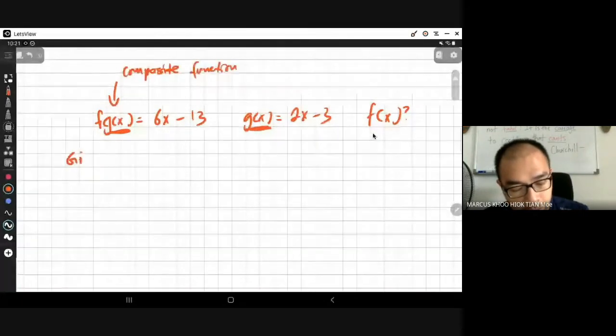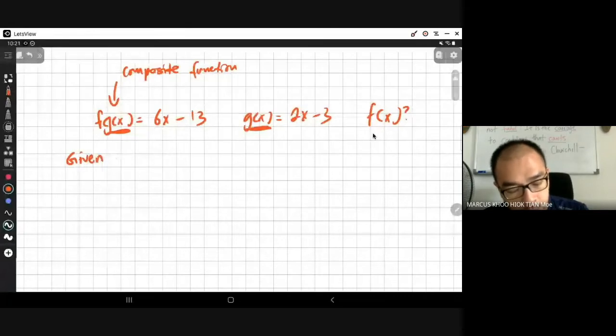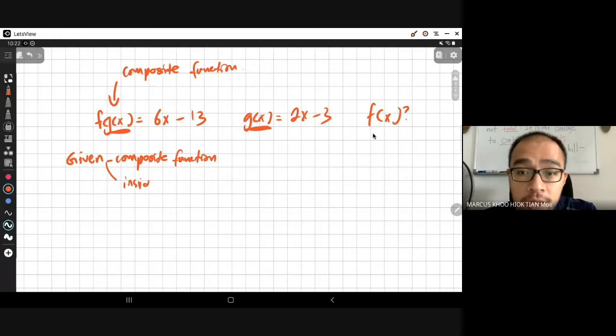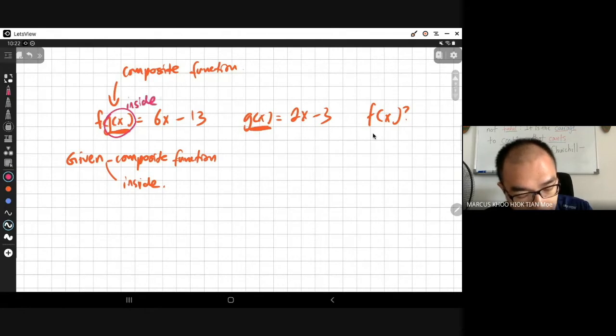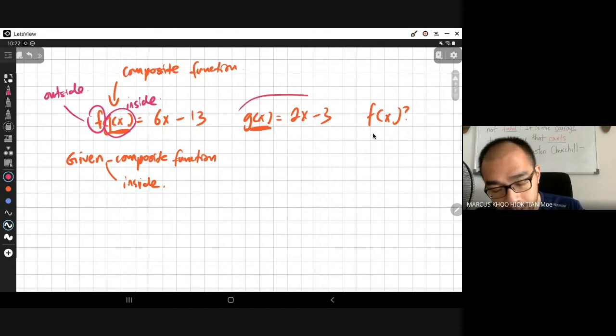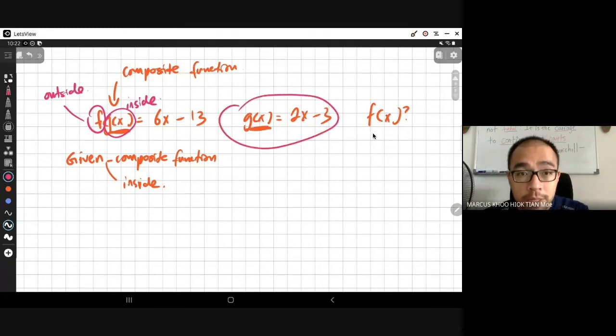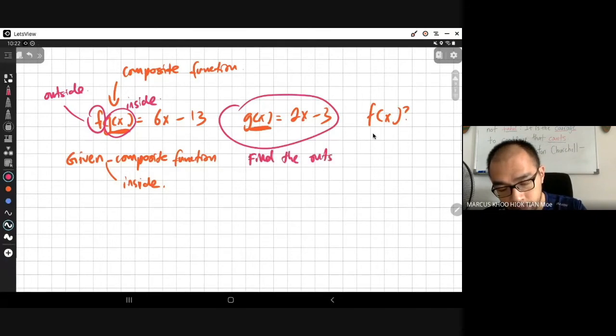So I give you the composite function, and I also give you the inside function, because the composite function is a combination of two functions, which is the inside function and the outside function. So we are given g(x). We are given the composite function, we are given the inside function, we are asked to find the outside function.